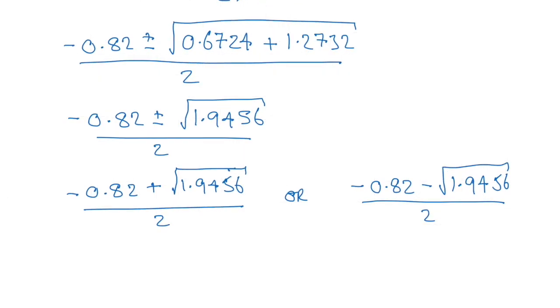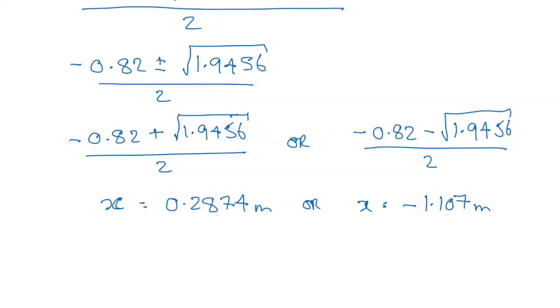So our two answers we get are r equals 0.2874 meters, or r equals minus 1.107 meters.